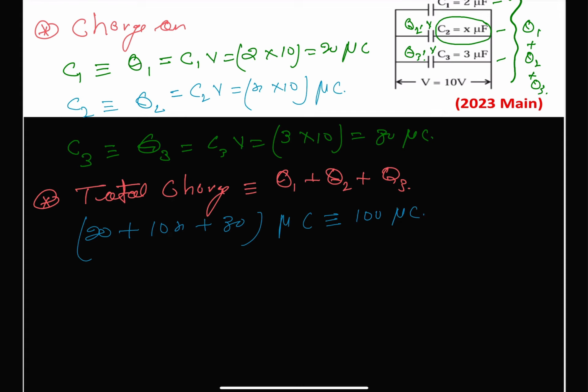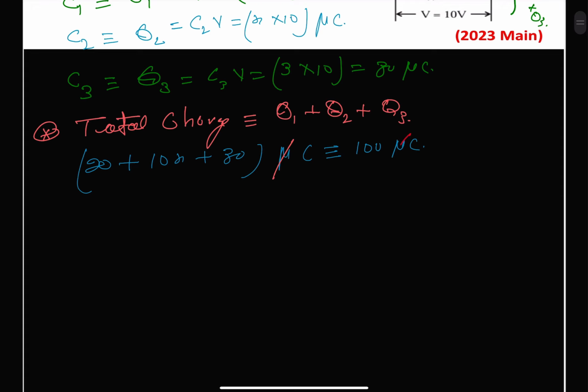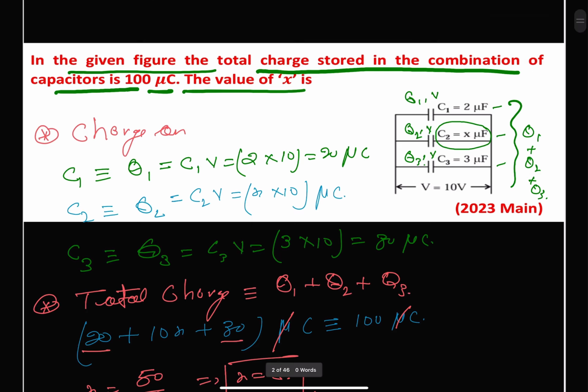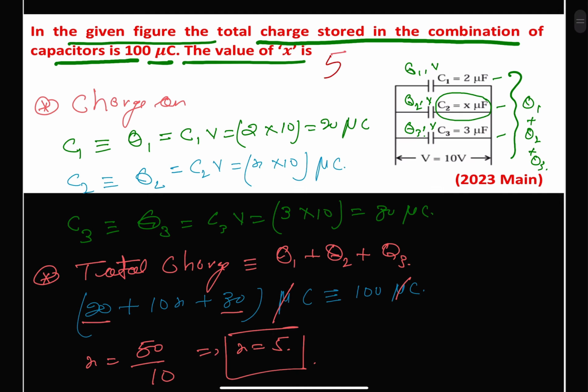So micro and micro cancel out, so we get 50 plus 10X equals 100. So X will be equal to 50 divided by 10, which gives us the value of X as 5. So the value of X is 5.